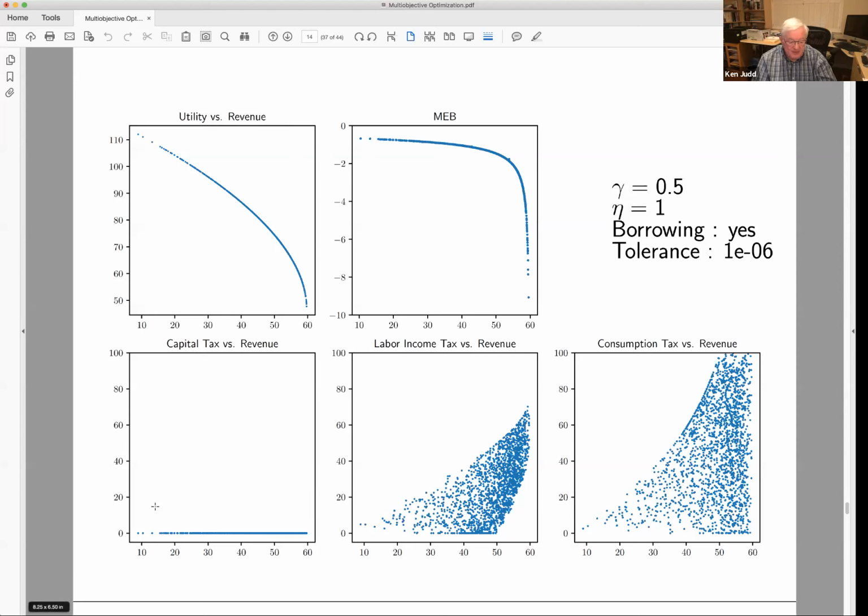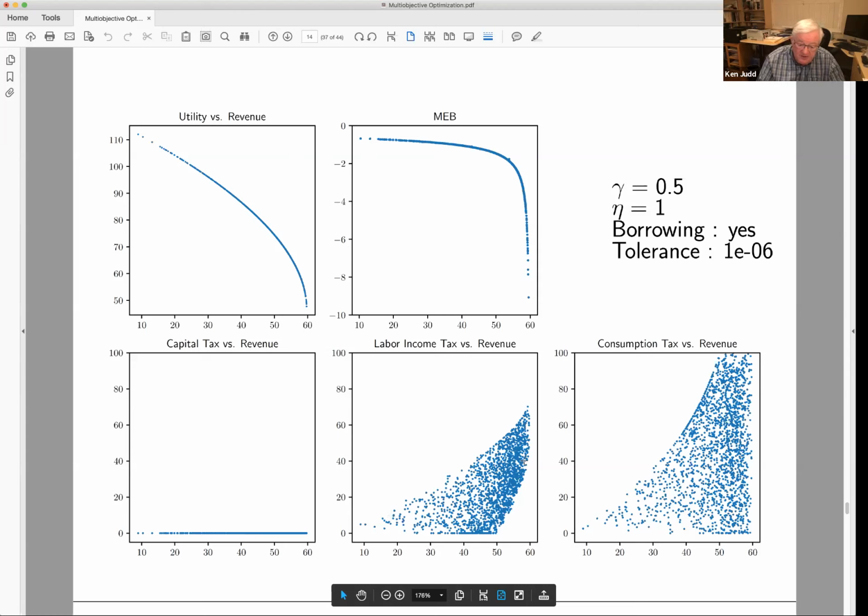Turns out that capital income tax is always 0. Now, one reason why we get a more decisive result here is that the brute force method and the crawling method discretize policy space. This is just moving smoothly through policy space, so we're not going to get that lumpiness.